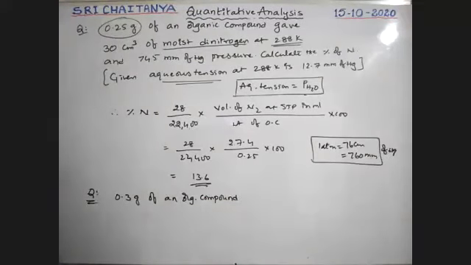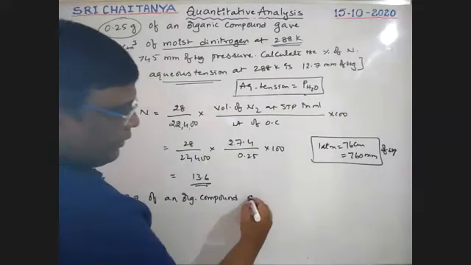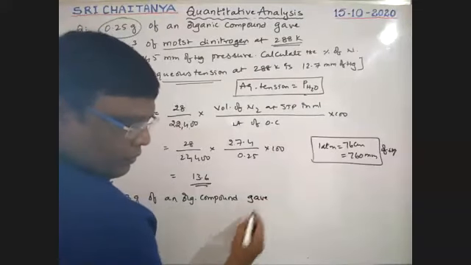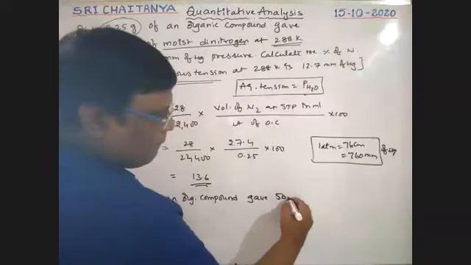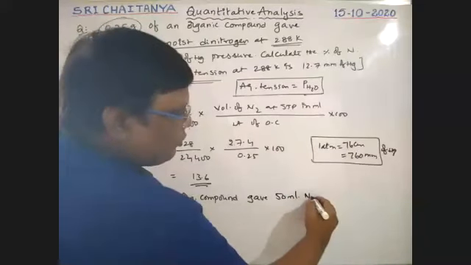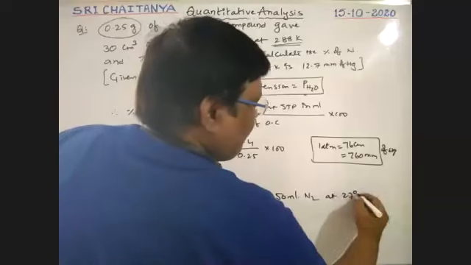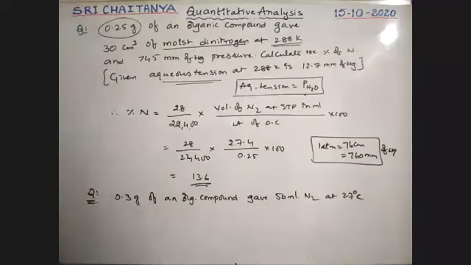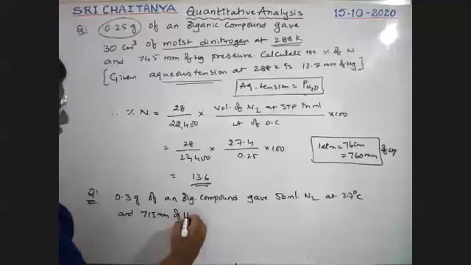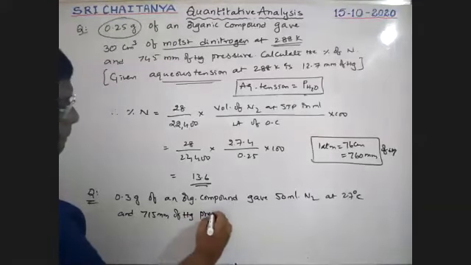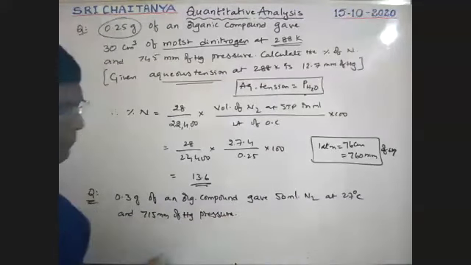0.3 grams of an organic compound gave 50 ml nitrogen at 27 degrees centigrade and 715 mm of Hg pressure.